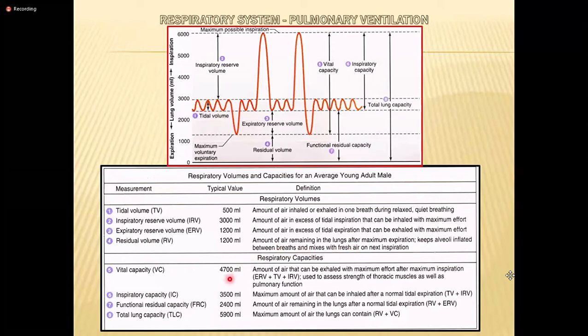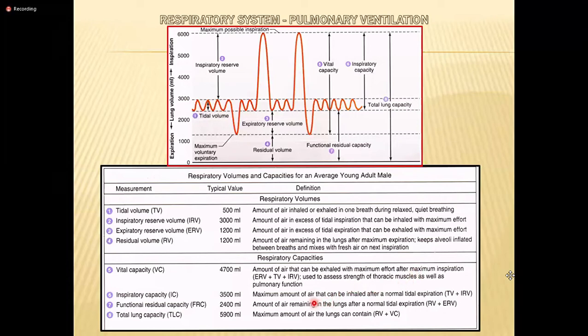Your vital capacity is 4,700 ml. This is the amount of air that can be exhaled with maximum effort after maximum inspiration.